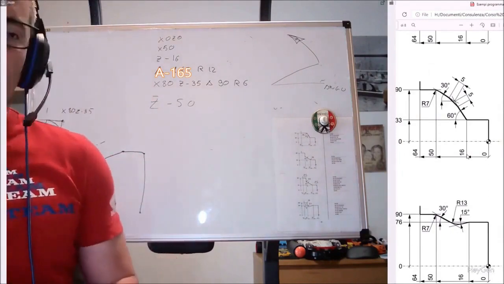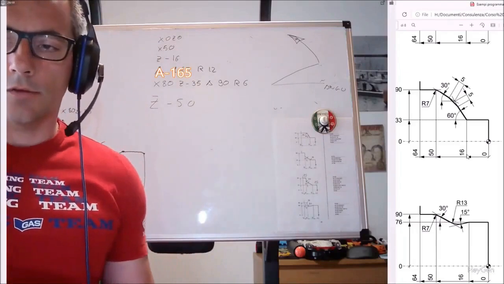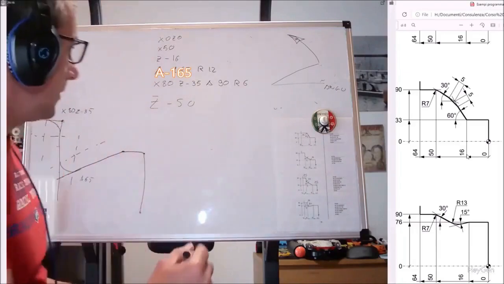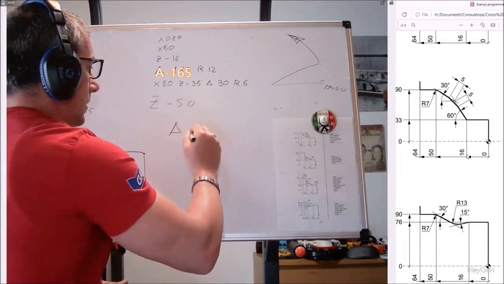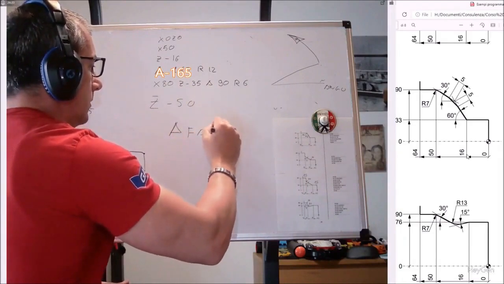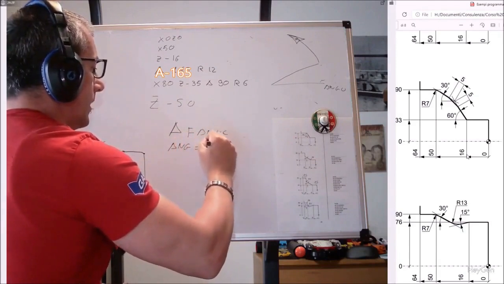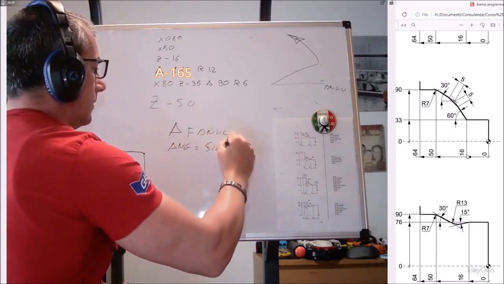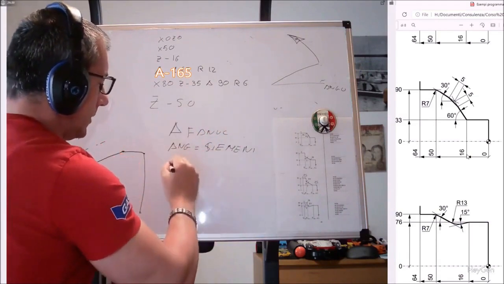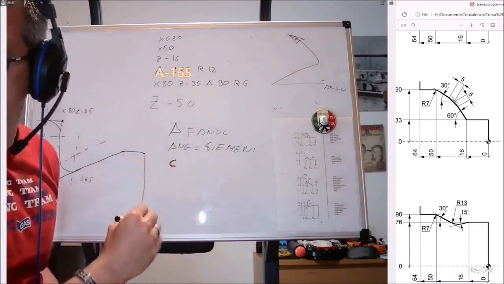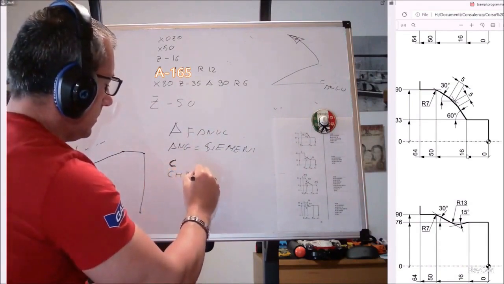Remember that A in Fanuc and ANG equal in Siemens, and in the same order, C and CHR equal, and R and RND equal, if you want to do the example in Siemens or in Fanuc.